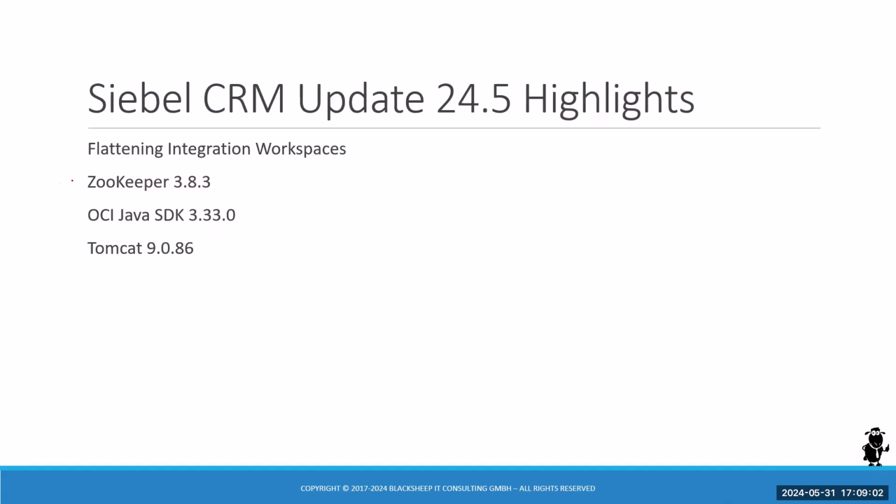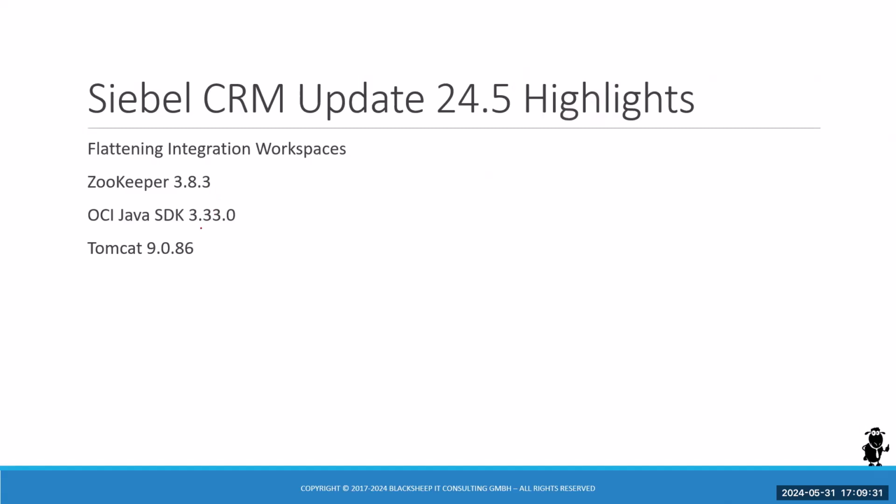Also, there is quite a lot of updates on auxiliary libraries and software to see in 24.5. So if you install it, you probably do it because of security concerns. For Tomcat, which has received a minor update to 80.86, or the Zookeeper, which has also been updated to 3.8.3.